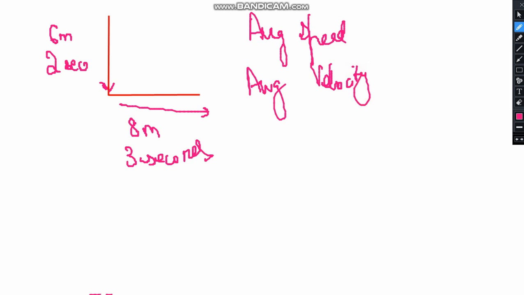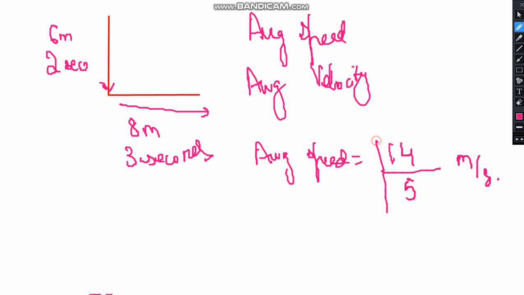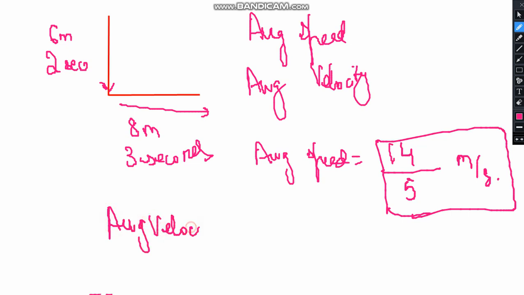The average speed is the total distance. What is the total distance? It's easy: 6 plus 8, which is 14 meters, by how many seconds? 5 seconds, in meters per second. You can use the basic division method to solve this. This is the average speed. However, what about the average velocity? Average velocity is the total displacement. Is this the displacement? No, definitely not.